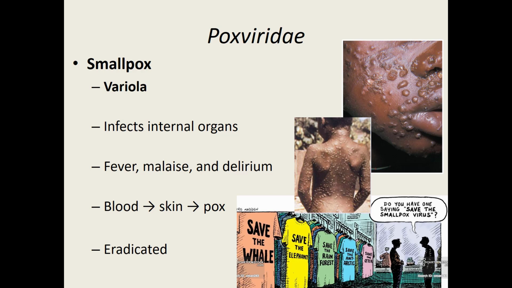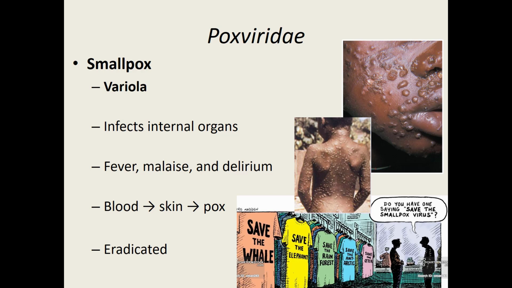It will still cause all those outward manifestations, all those same 4 stages, but it's really causing extreme damage to internal organs. And the symptoms of having that damage are an extreme fever. It is not uncommon to get over 107 Fahrenheit, and causing malaise and delirium. If you're going to have a fever that high, it's definitely going to cause delirium.